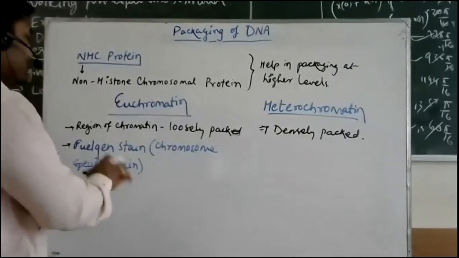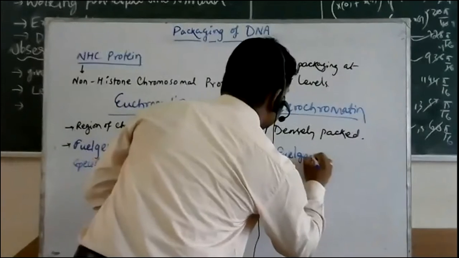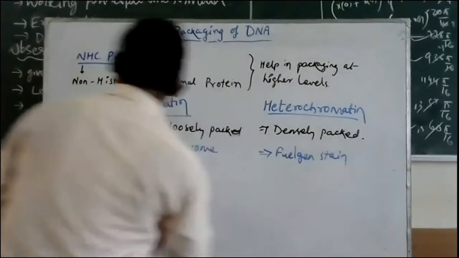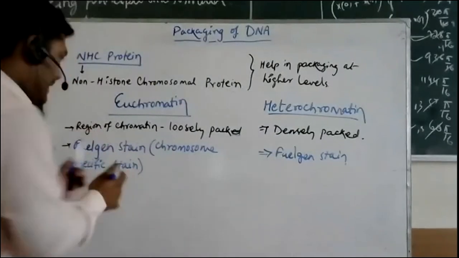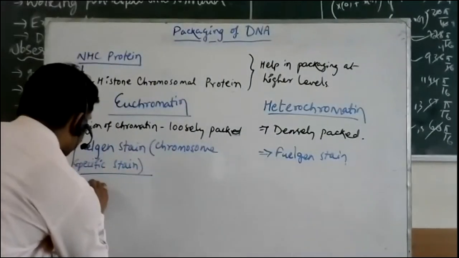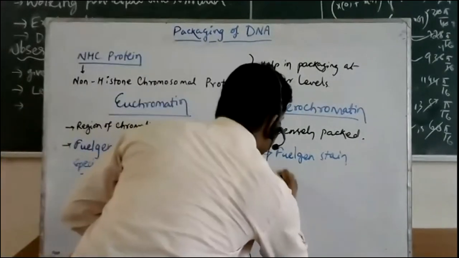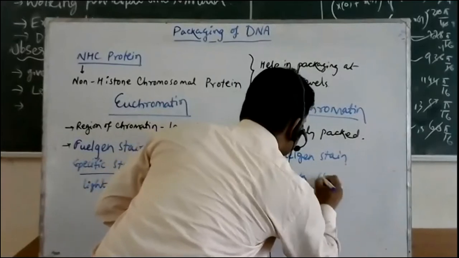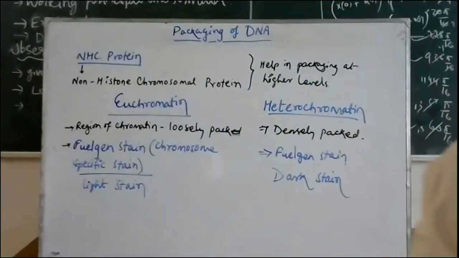So when we use a Feulgen stain, in both of these cases, because the entire chromatin here is loosely packed, here you'll get a light stain, and here you'll get a dark stain. So in the first one, that is in case of euchromatin, the stain is going to be light, whereas in case of heterochromatin, the stain is going to be dark.